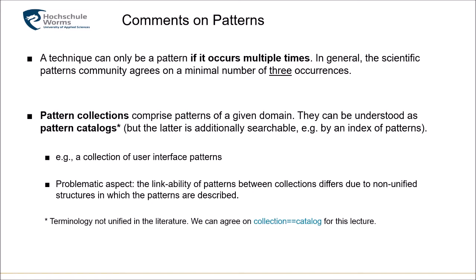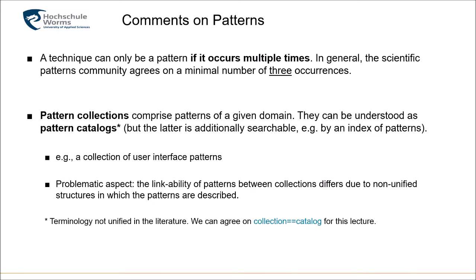One problematic aspect for such pattern collections is the linkability of patterns between collections that can differ due to non-unified structures in which the patterns are described. So let's say you have 2 pattern collections and they have some overlapping, and now you want to link these patterns in an overlapping way.